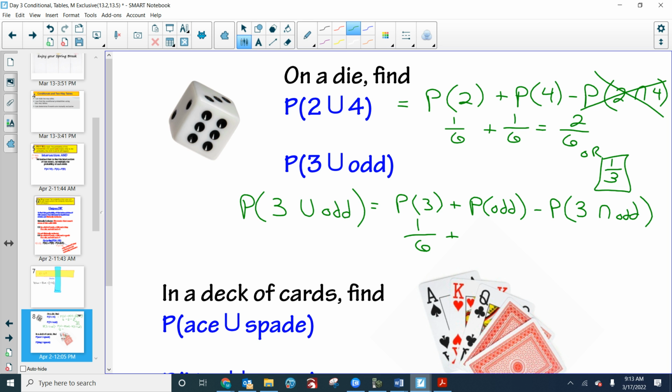I know it's a half, but let's write 3/6 just so you can see what's going on here. Minus, what's the one we accidentally counted twice? The 3, because it's a 3 and it's an odd, right? Minus the overlap. So what's our answer? 3/6, or 1/2.